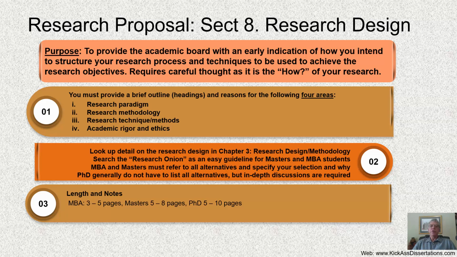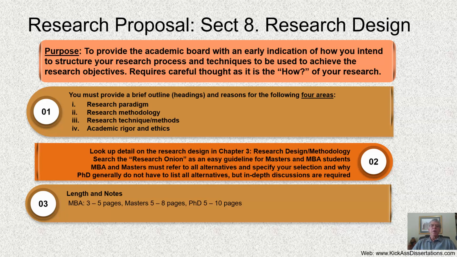You're going to do that throughout the whole section here. And that, of course, will take up quite a bit of space, just mentioning all the alternatives. And then, of course, in each section you have to conclude your choice. So if you're going to do, for instance, a mixed method study, you have to state why you have chosen the mixed method study. Even though you're going to mention all 3, you need to state the reason why you chose that specific one.